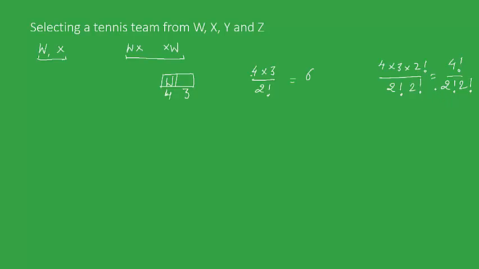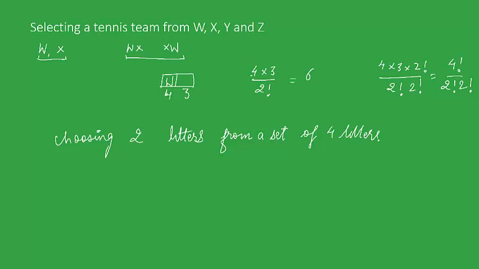So for this combination, let's write the problem: choosing two letters from a set of 4 letters, we have the answer as 4 factorial upon 2 factorial into 4 minus 2 factorial.